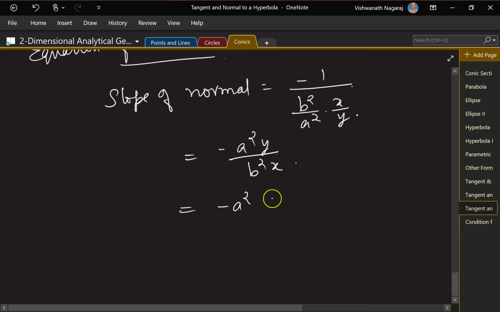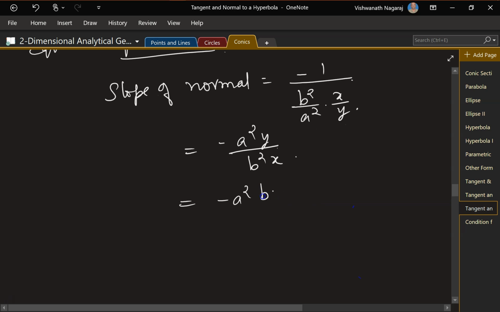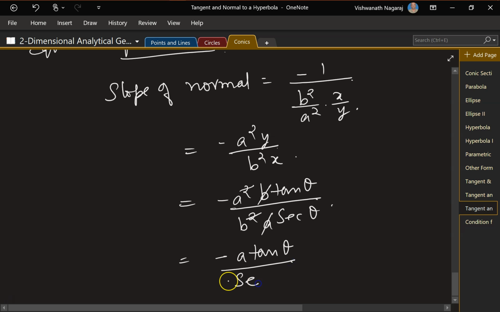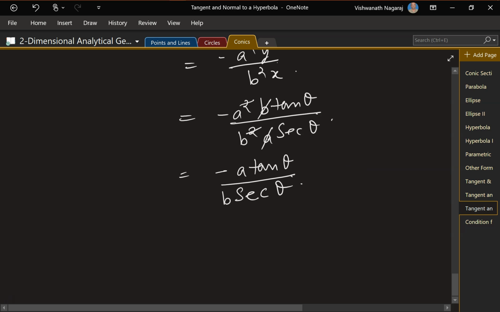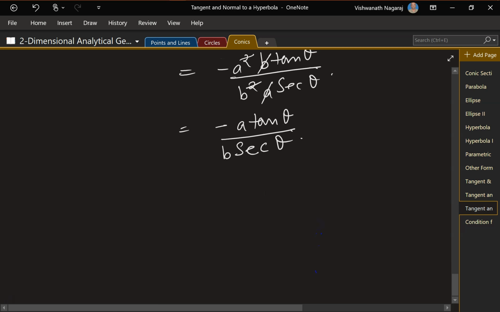Minus a square times b tan theta by b square times a sec theta. So one of the b's, one of the a's cancels. So the slope of the normal is minus a tan theta by b sec theta. Actually, we could have directly taken the reciprocal of this. Okay, no problem. Let's continue.